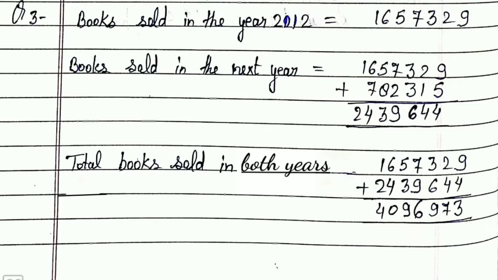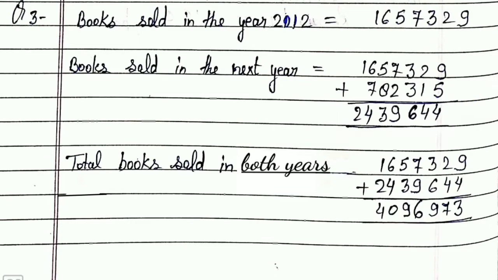We will write books sold in the year 2012, that is 16,57,329. Books sold in the next year, so for this we will add the increased number of books. So we will get 24,39,644.